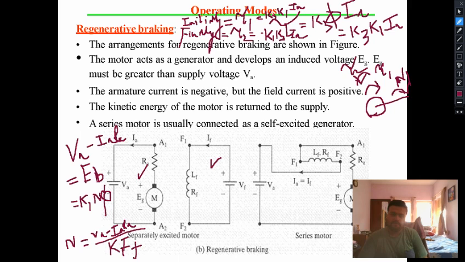So the reversal in the direction of the torque, it should be minus tau 2, and this minus will go to this particular side. So I can write tau 2 is equal to k3 k1 minus of IA.